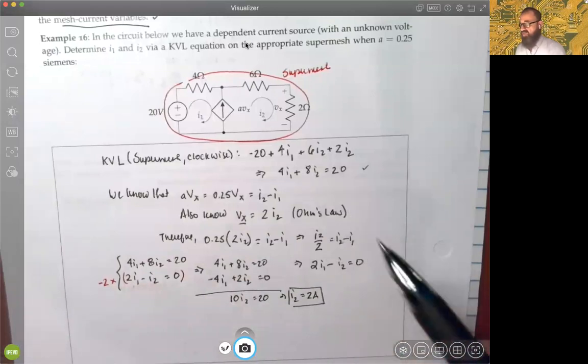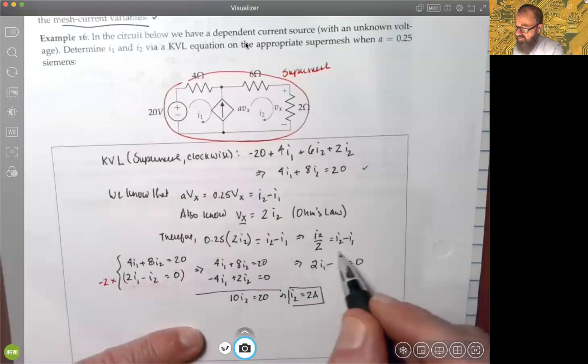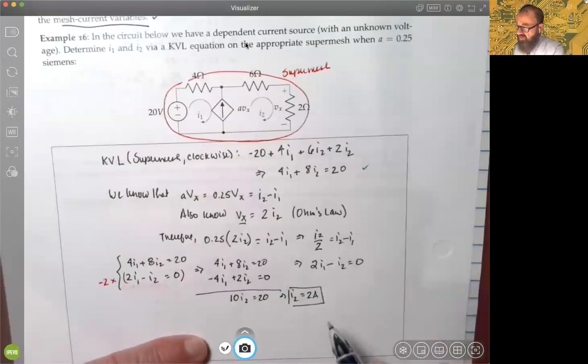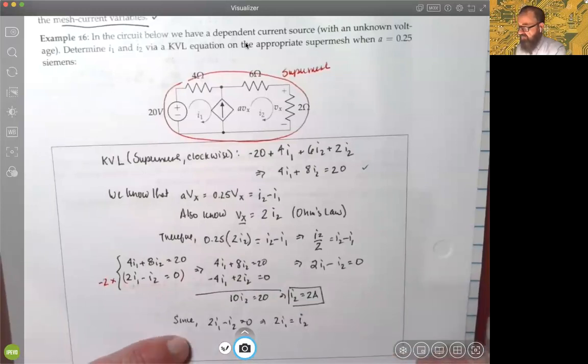Once you know I2, you could use either of them, but I would just say, I know that half of I2 has to be this differential, or that I2 is equal to twice it. So since 2I1 minus I2 equals 0, which implies 2I1 has to be equal to I2, then that just says that I1 has to be 1/2 of I2. So therefore, I1 must be 1 amp.